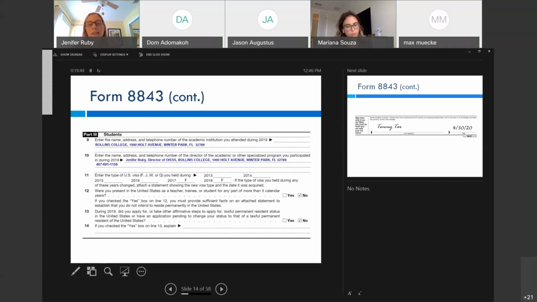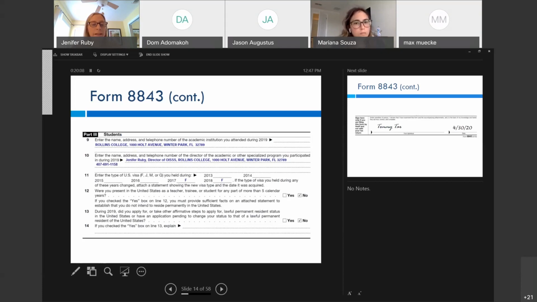And so you can still claim to be a non-resident for tax purposes, but you would have to attach a statement, right, saying that you still have no intention to reside permanently in the US, that you are just continuing or have been continuing your studies.